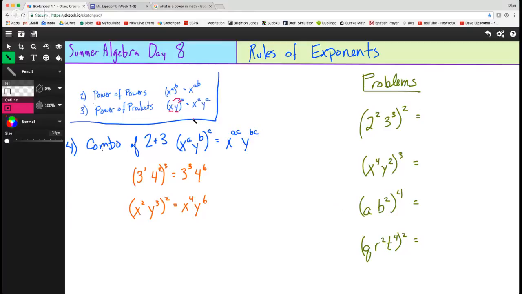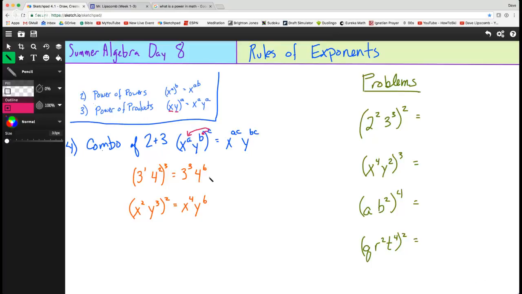Now the combo says that if I have something raised to a power times something raised to another power inside, I can just multiply the exponent on the outside by the 2 exponents on the inside.